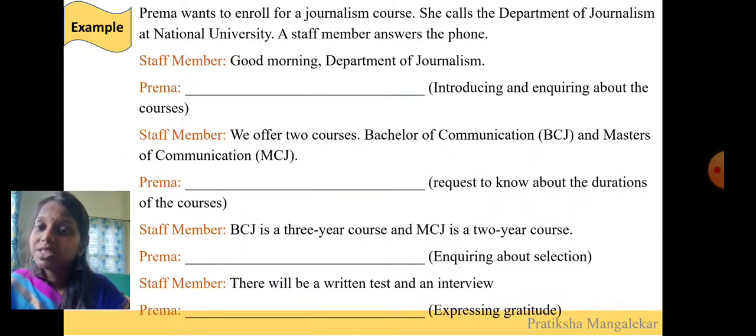Staff member says BCJ is a 3-year course, MCJ is a 2-year course. Prema is going to inquire about the selection process. So the staff member will say there will be a written test and an interview. So Prema has found out all the information now. She is going to express her gratitude. Alright, so we'll solve this.